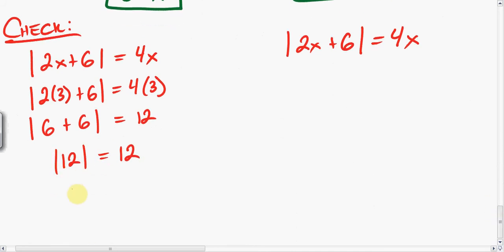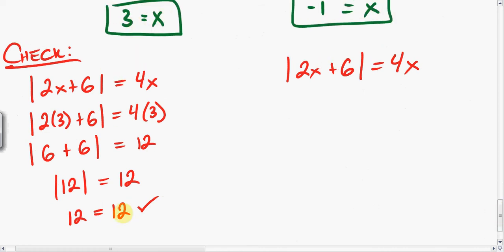The absolute value of 12 is 12, so we see 12 equals 12, which is correct. So we know x equals 3 works. These two numbers match, we're in good shape. x equals 3 is a proper solution.